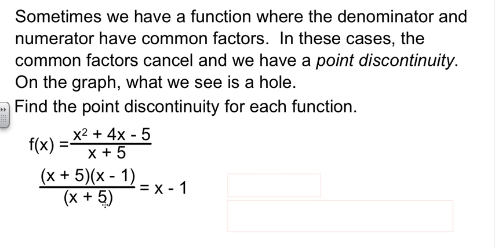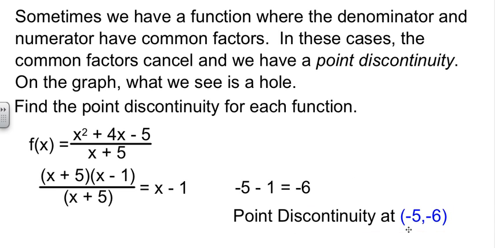What would make our denominator 0? Negative 5. Plug negative 5 in. Negative 5 minus 1 is negative 6, so we have a point at x equals negative 5, y equals negative 6. That's a point discontinuity. Okay. The graph is going to have a hole at that location.